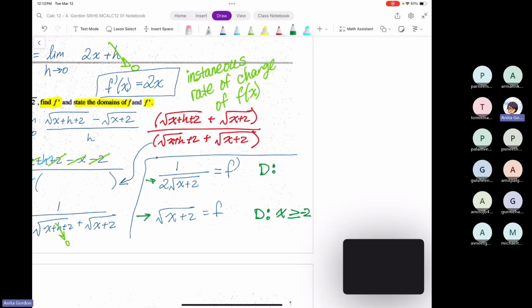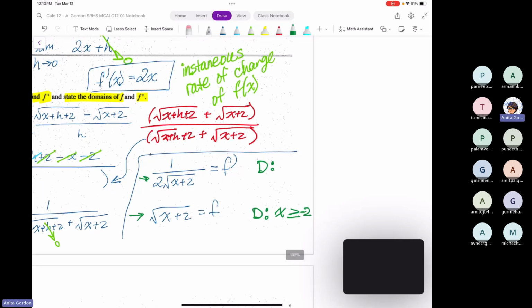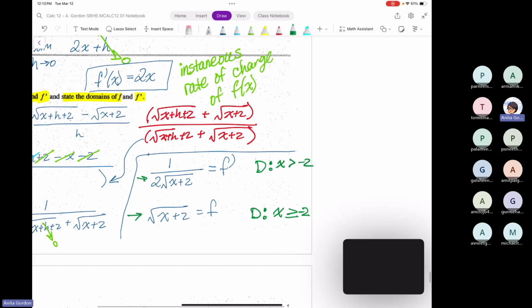X greater than negative 2. It should be equal. Ooh, why not? You can't have a 0 in the denominator. Yes, we cannot have a 0 in the denominator, so we have a slight change of plans when it comes to the domain. Okay, so f prime has a strict restriction, f has an inclusive restriction.